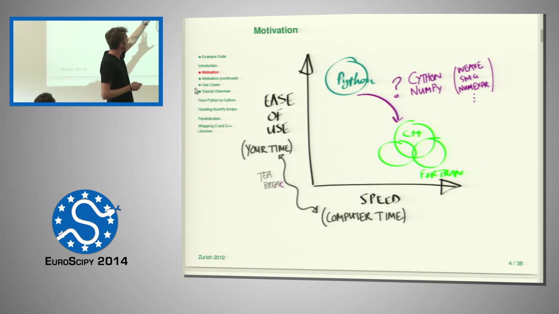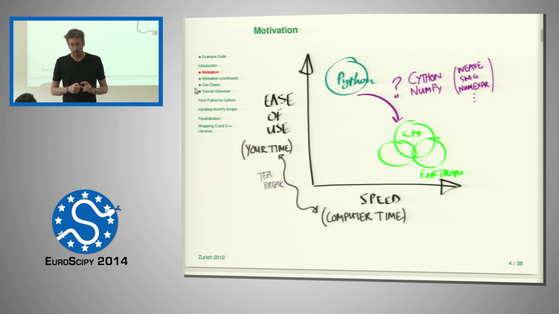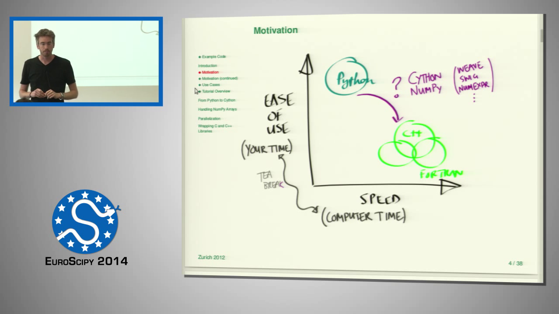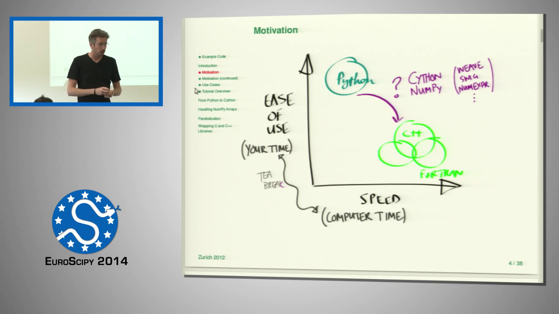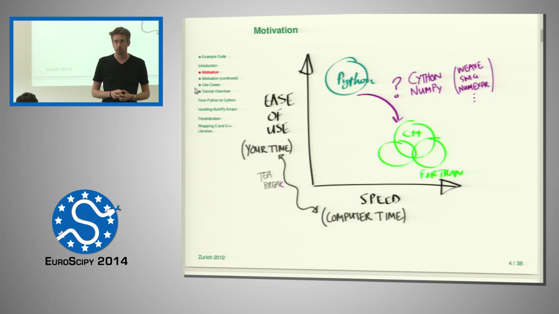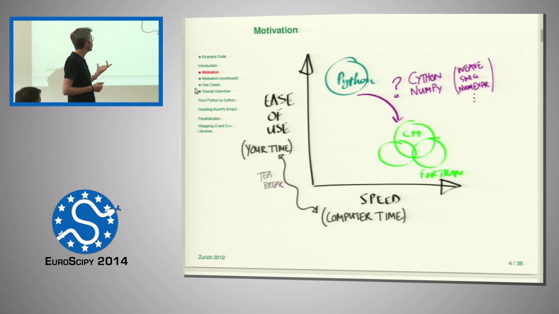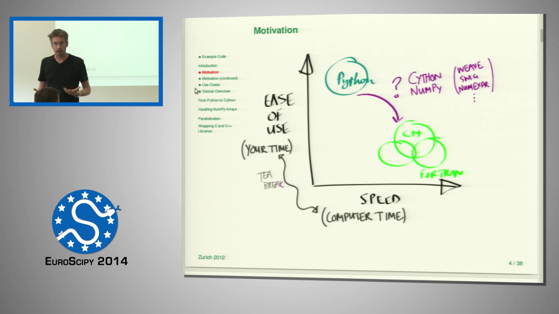So how do you get from Python to C code? Well, that's why we use Cython. So Cython takes a piece of Python code and it compiles it into C. That C you can then compile into a shared library that you can pull back into Python. Now, it's hard to do. I mean, Python is a very dynamic language.